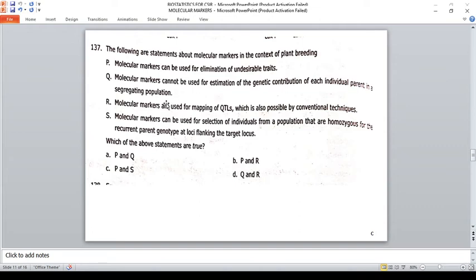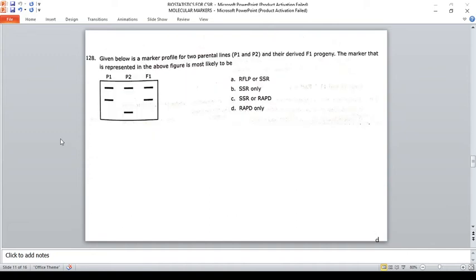Molecular markers are used for mapping of QTL, which is possible by conventional technique. No, molecular mapping and QTL are not possible with conventional techniques. Molecular markers can be used for selection of individuals from a population that are homozygous for the recurrent parent genotype. Recurrent means continuous parent. It is also true. So the correct option is P and S.